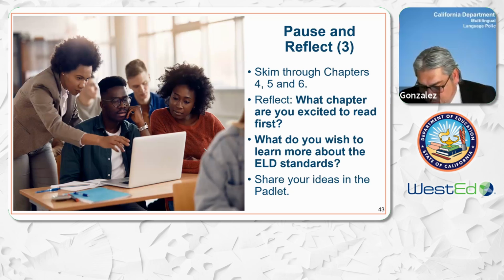So, and especially when we're talking about scaffolding and maybe even providing those supports and what that would look like. So this may be a good chapter to go back and or to kind of read first and see how that can support your development of and design of your instruction for your English learners.